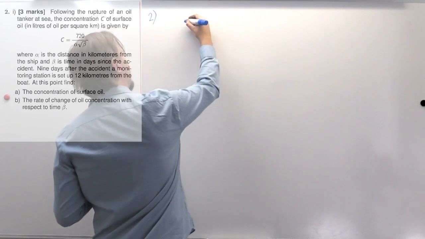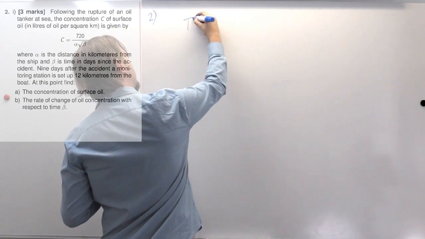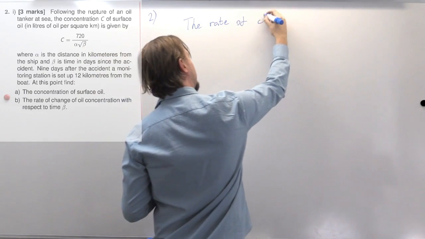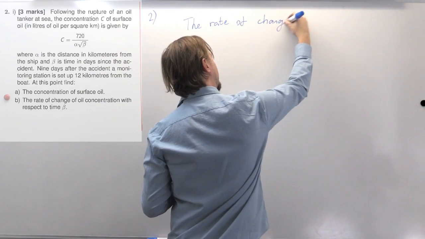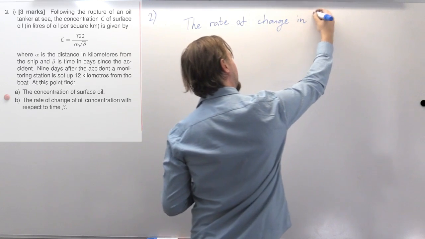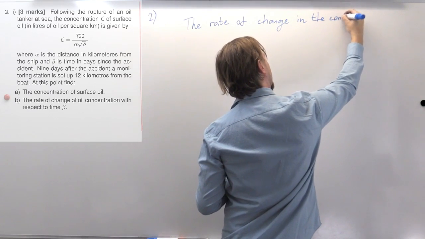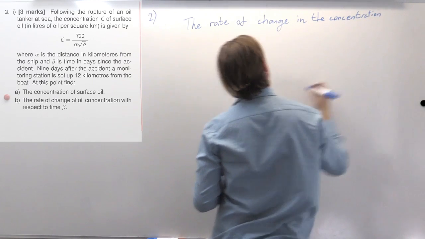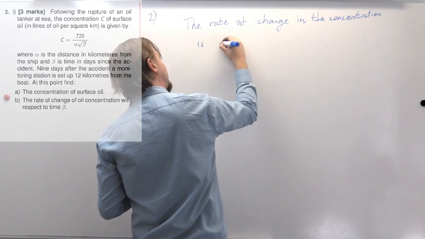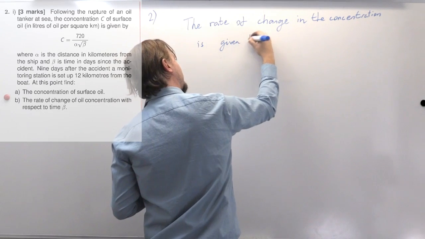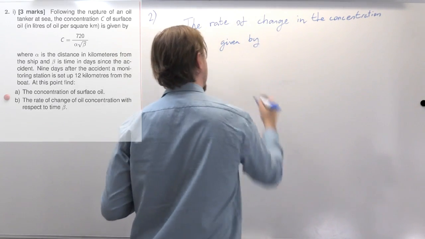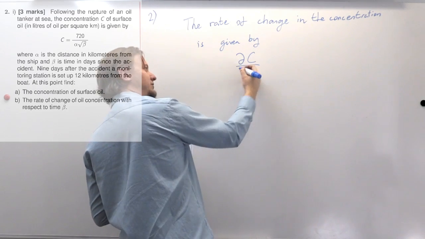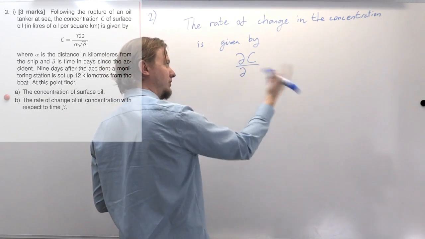The rate of change in the concentration is given by, and this is a two variable function, so it should be a partial derivative because there are two variables.